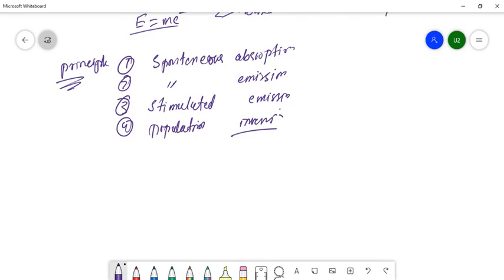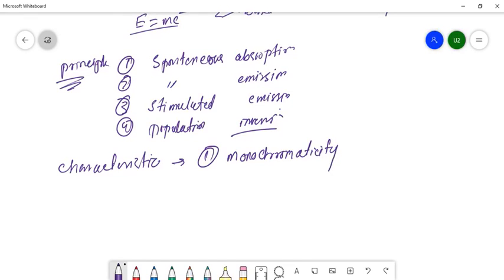So what are the characteristics of laser? One is monochromaticity. It has one color, as we already talked about.